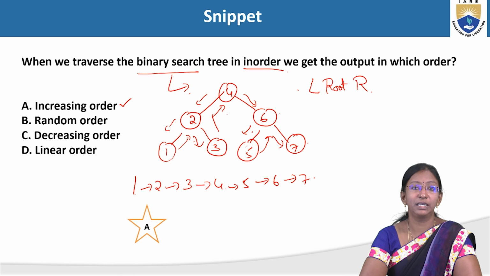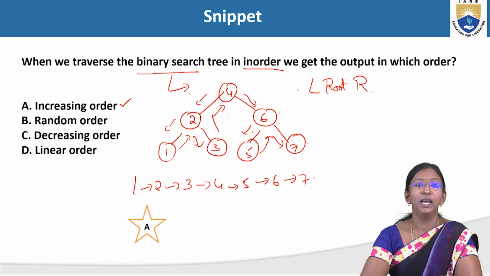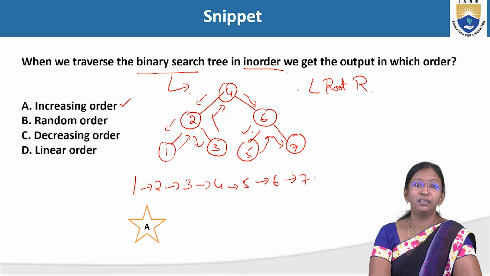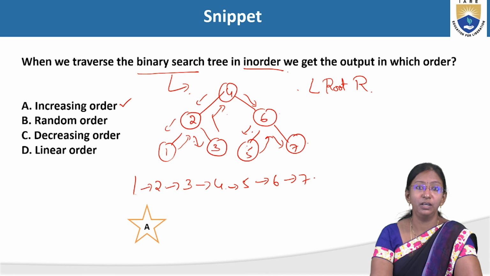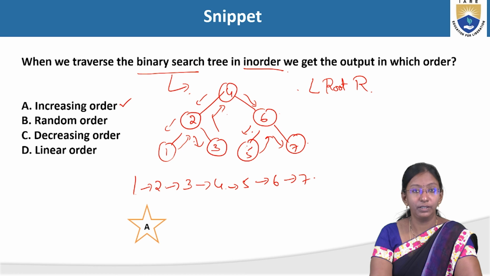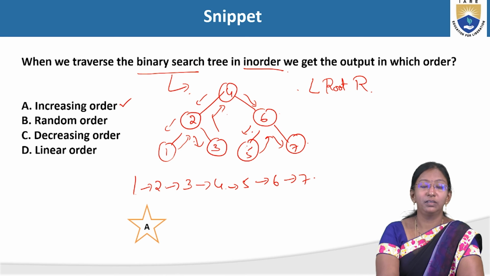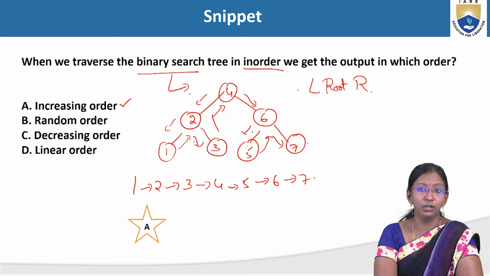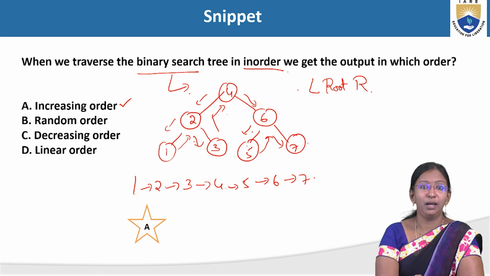So one of the basic applications of in-order is that if the given tree is a binary search tree, then its in-order traversal will result in the data in increasing or ascending order. Remember that, guys. For these types of questions, you need not take any examples. You must get used to that.